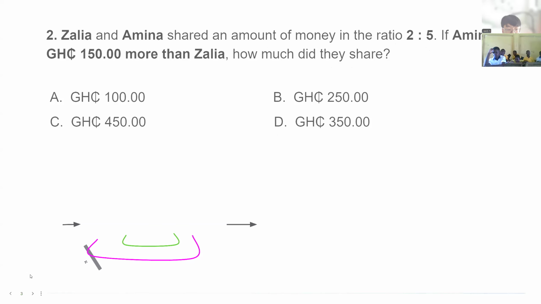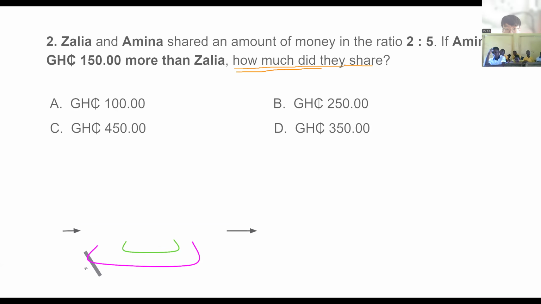So we're finding how much total money they had. If their ratio was 2 to 5, and Amina had 150 more than Zalia, how do we find this?